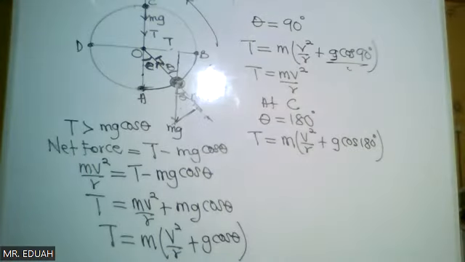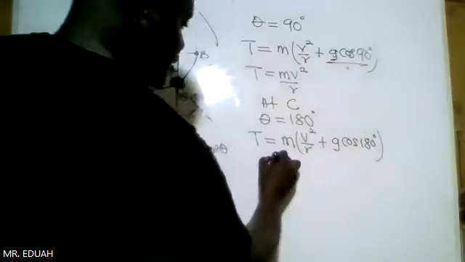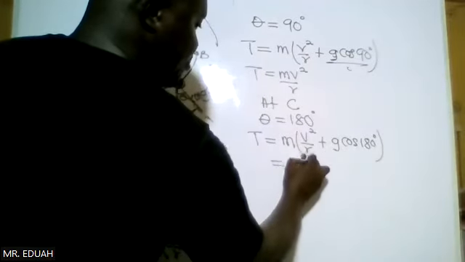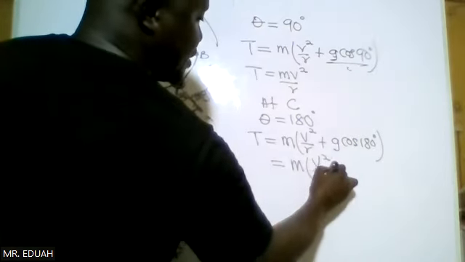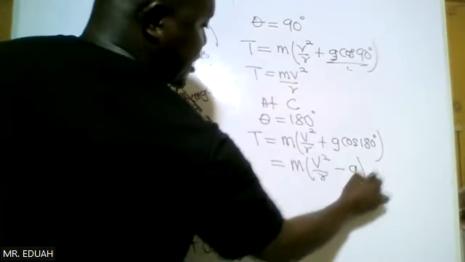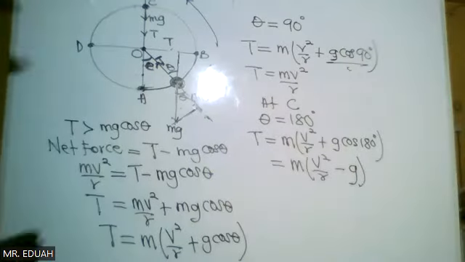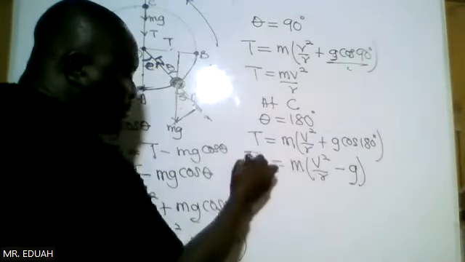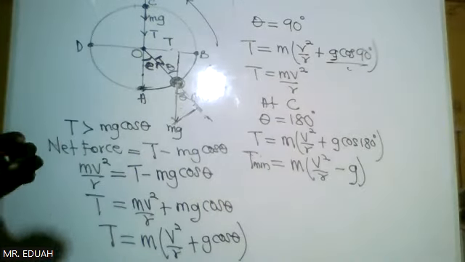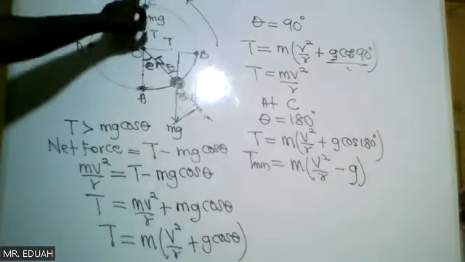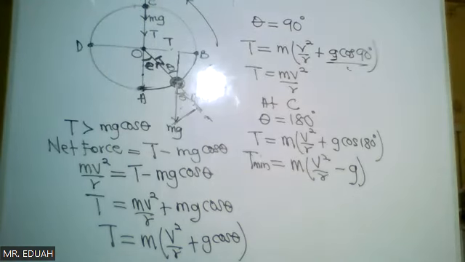Cos 180 is equal to -1. So we have m v squared on R minus G. And this is what we were terming as the minimum tension. So it is giving us the same formula as we considered earlier.